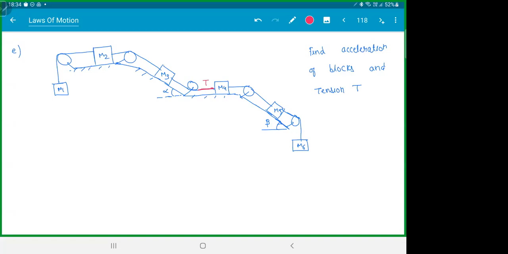Don't worry about that, but solve. If you're done with the acceleration, get the tension part. Let me show you in a minute. Another 30 seconds for acceleration.